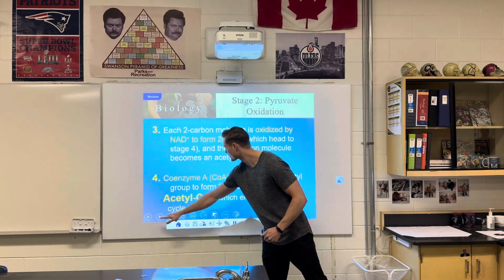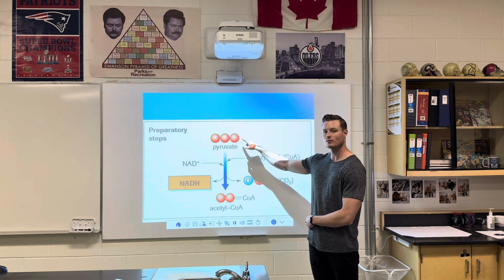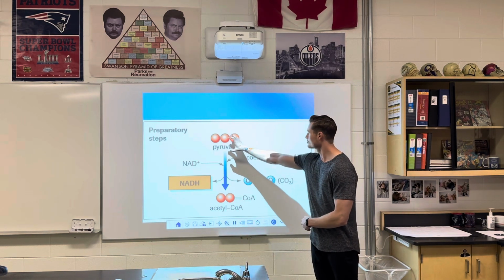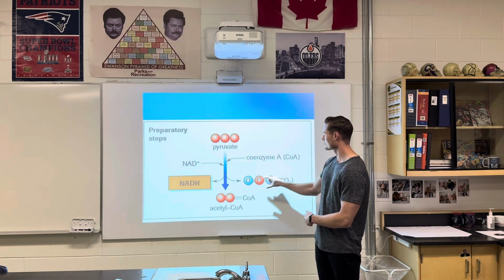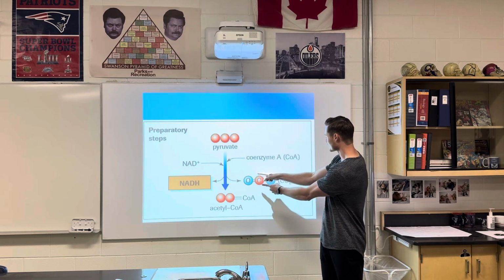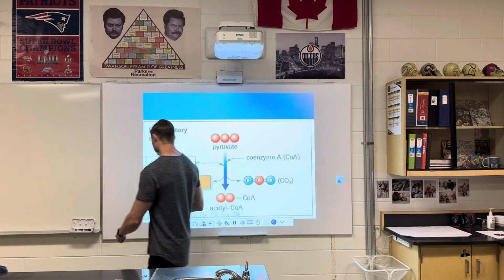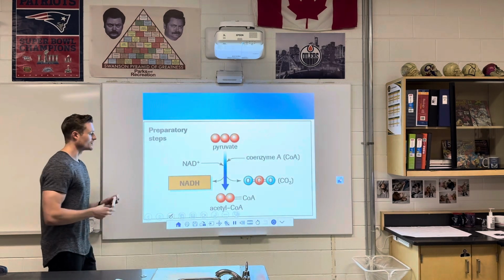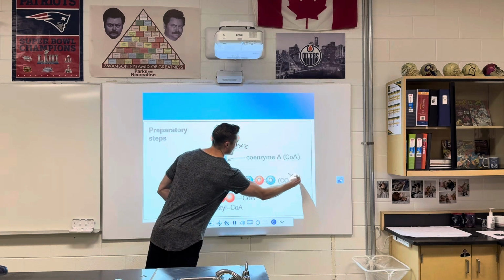So what we're going to do is take our pyruvate molecule, which is a 1, 2, 3 carbon molecule. We are going to remove one of those carbons, and I'm going to stick it with 2 oxygens. There's one of my CO2 molecules. Now remember, because we have 2 pyruvates, everything we are doing here is going to be multiplied by 2.